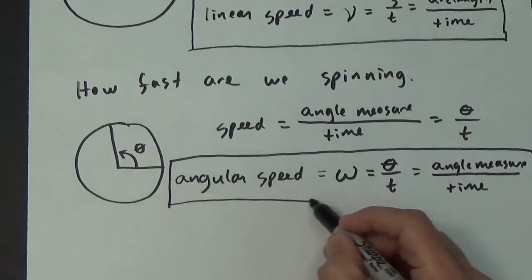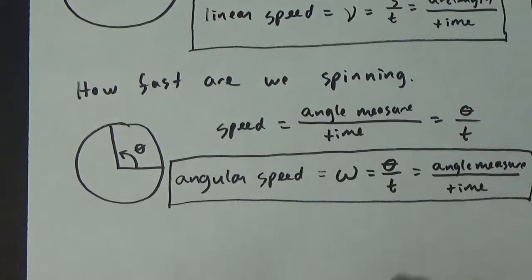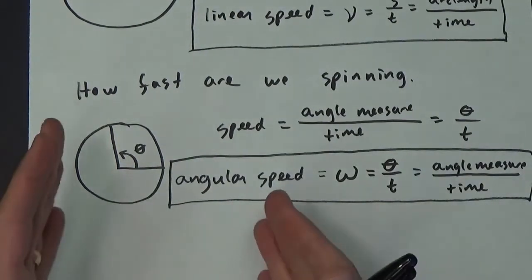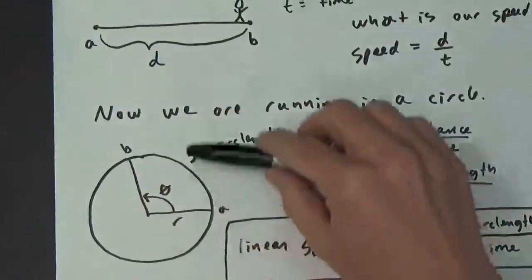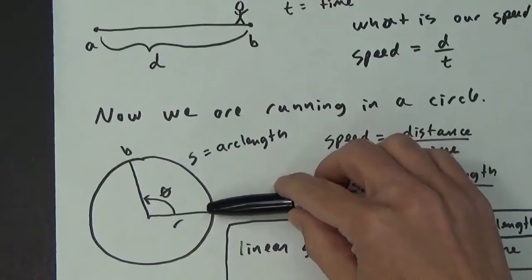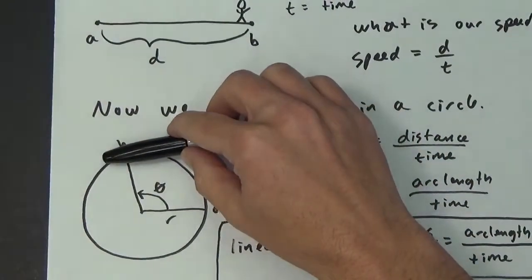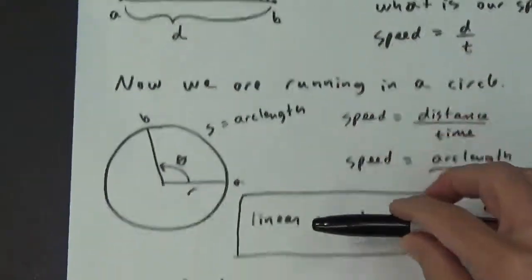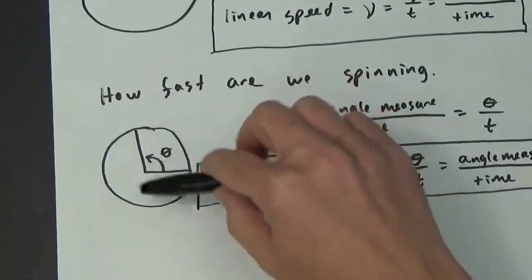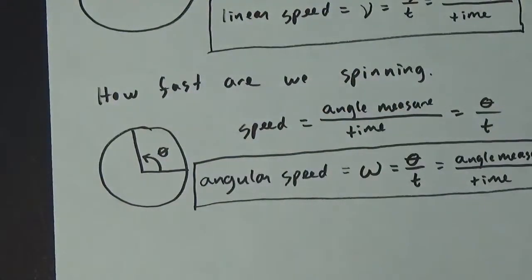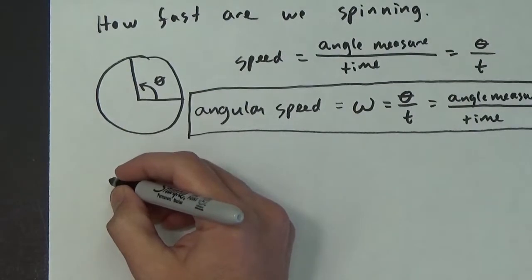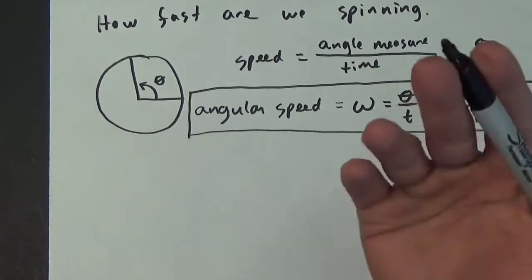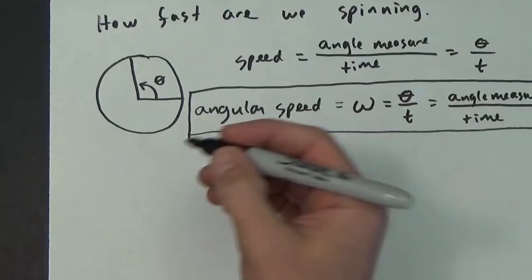All right, so what we're doing here is we're looking at what happens as we're rotating something. So if you think of this as a wheel, we're rotating this wheel, and we want to know, well, how far is it traveling around, then that is our linear speed. If you're asking how fast is it spinning, that is our angular speed. Okay? So linear speed is how fast the position is changing, or how fast the object is moving.